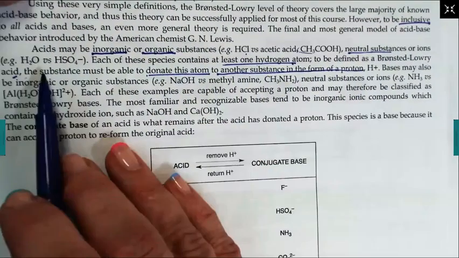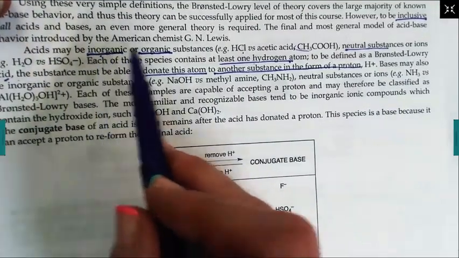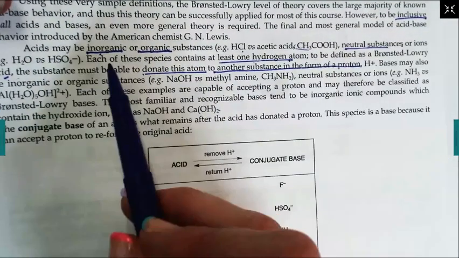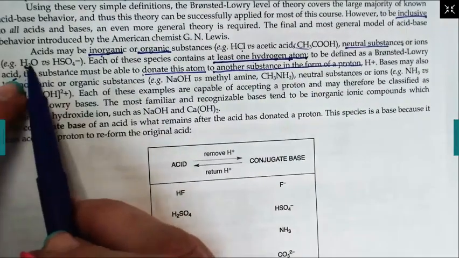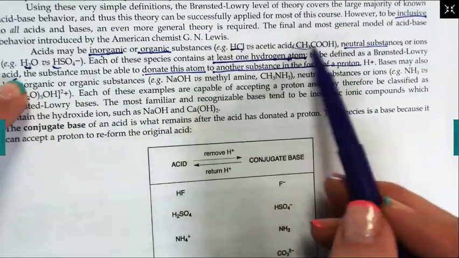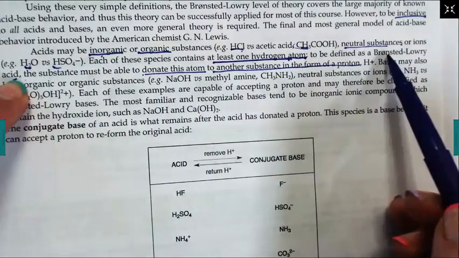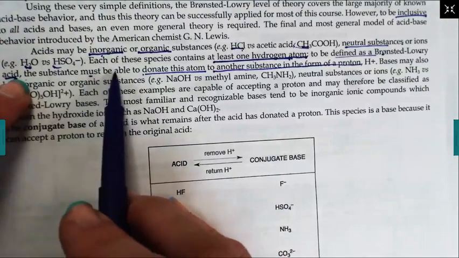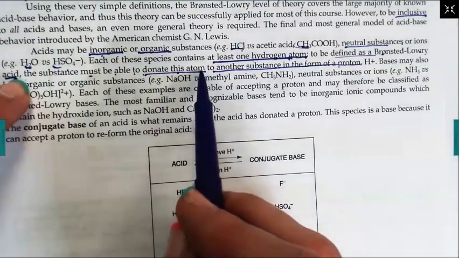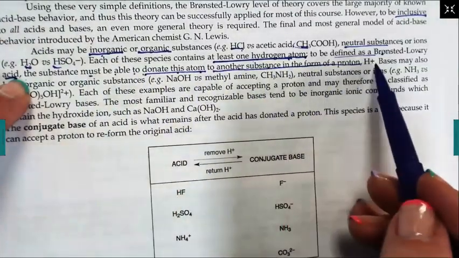For substances, acids may be inorganic or organic. Each of these species contains at least one hydrogen atom. So whether it's this one, this one, this one, or this one, to be defined as a Bronsted-Lowry acid, the substance must be able to donate this atom to another substance in the form of a proton.